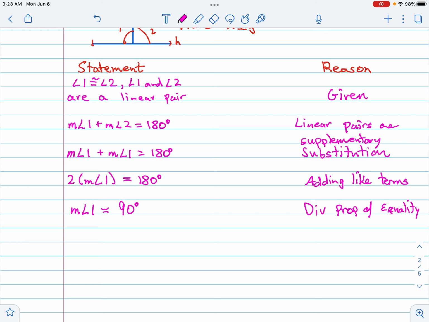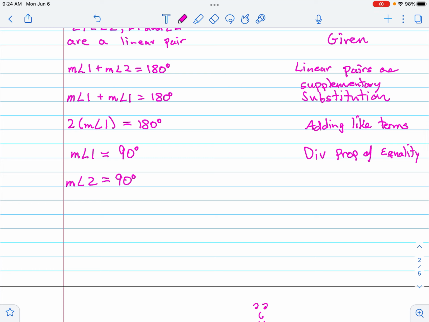Well, that means that the measure of angle 2 is equal to 90. Although we don't even really need that there. What we've got is this. Since the measure of angle 1 is equal to 90, angle 1 is a right angle.